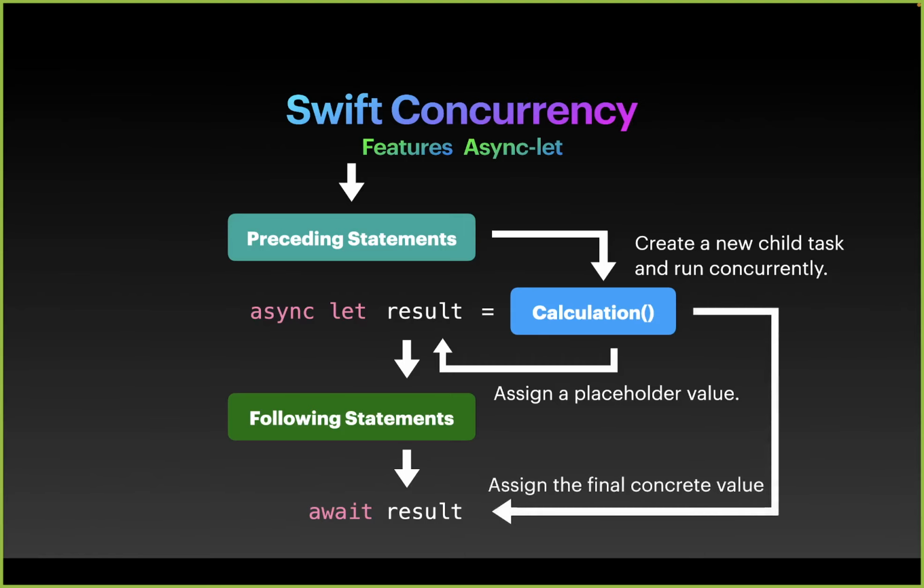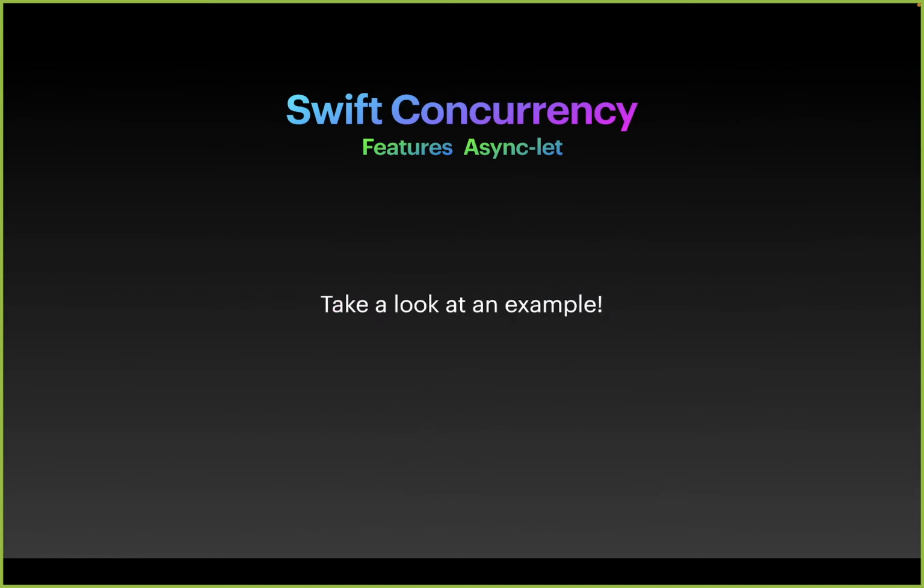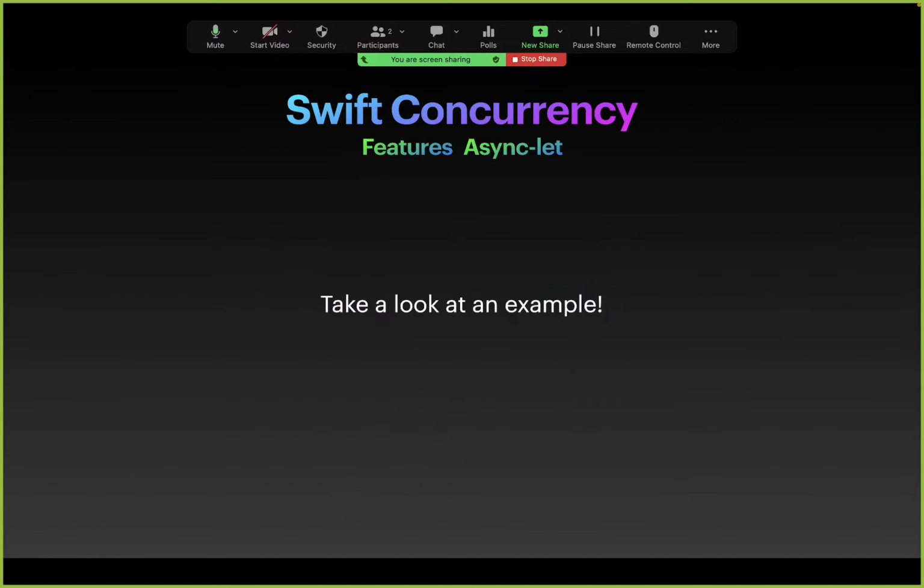Of course the execution stops right here and awaits the calculation function to actually finish, and after the calculation function finishes, you can assign the concrete value to this result. Now let's take a look at the example here.